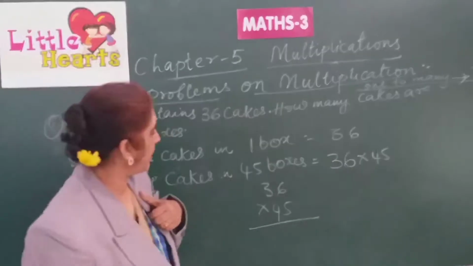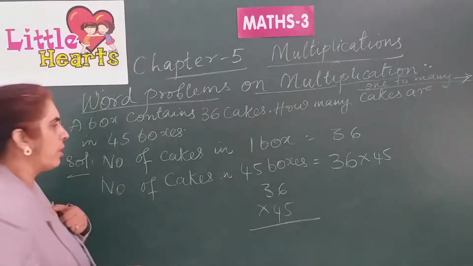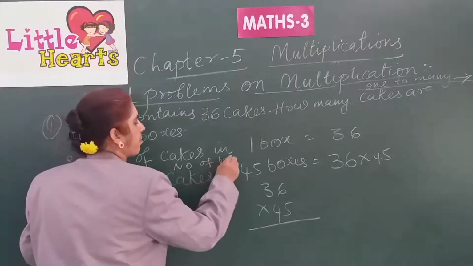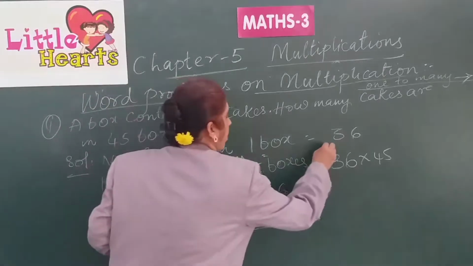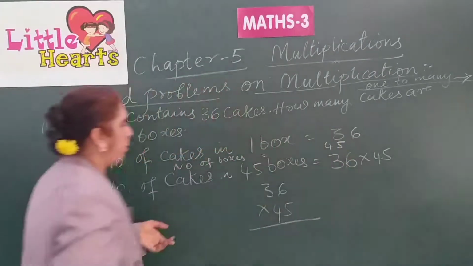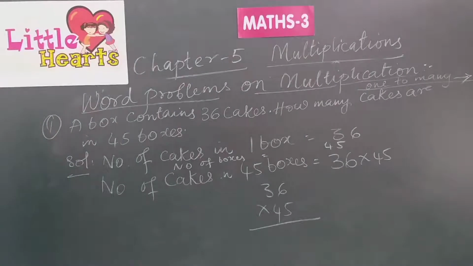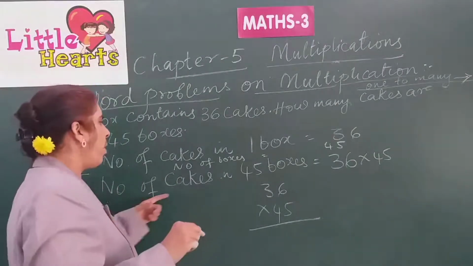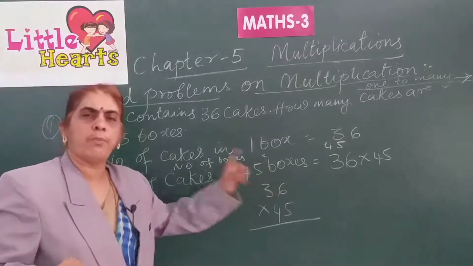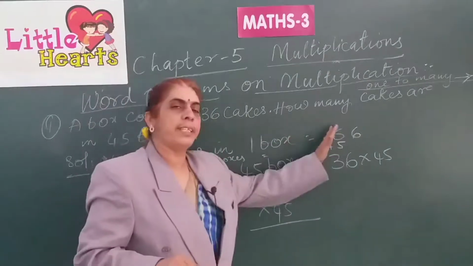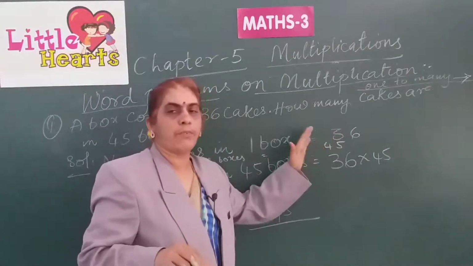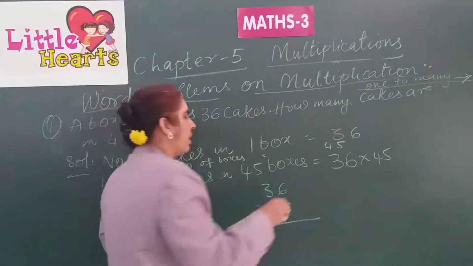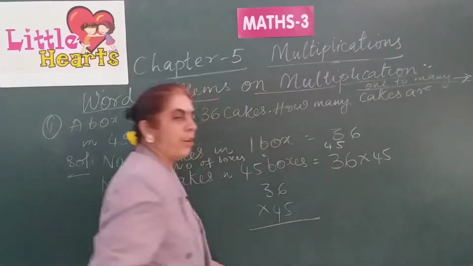How many boxes are there? Number of boxes is equal to 45. What you have to find out? Number of cakes in 45 boxes. One box 36, 45 boxes, you have to find the number of cakes. 1 to many, multiplication. So 36 multiplied by 45.